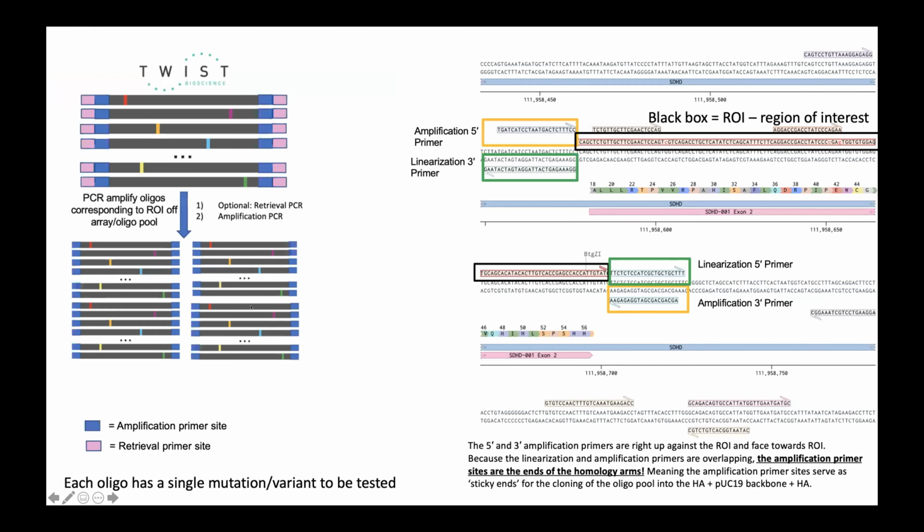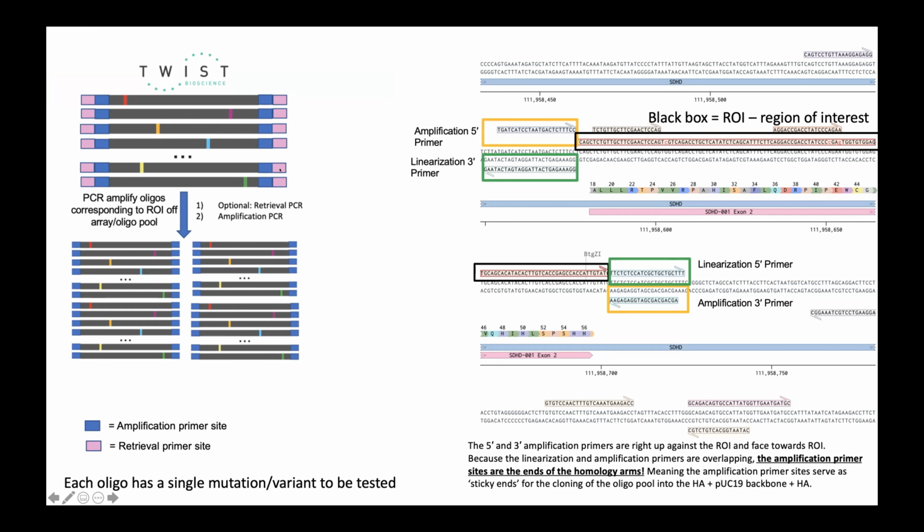And so the reason we do this, going back to the same image on the right here, is that the linearization primer is very similar to the amplification primer. They're both right up against the library, but we use the amplification primers to amplify our particular library from the overall Twist oligo pool.